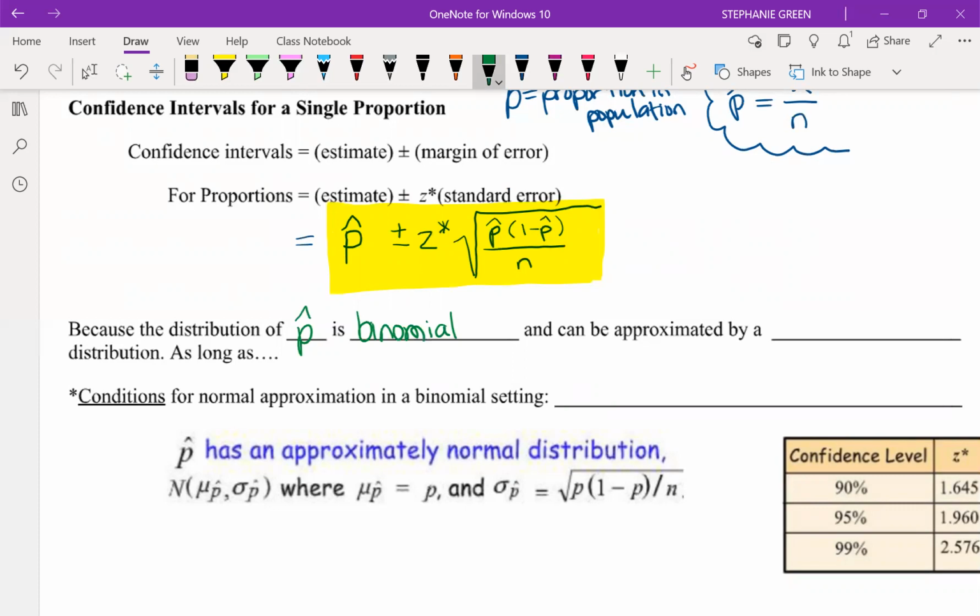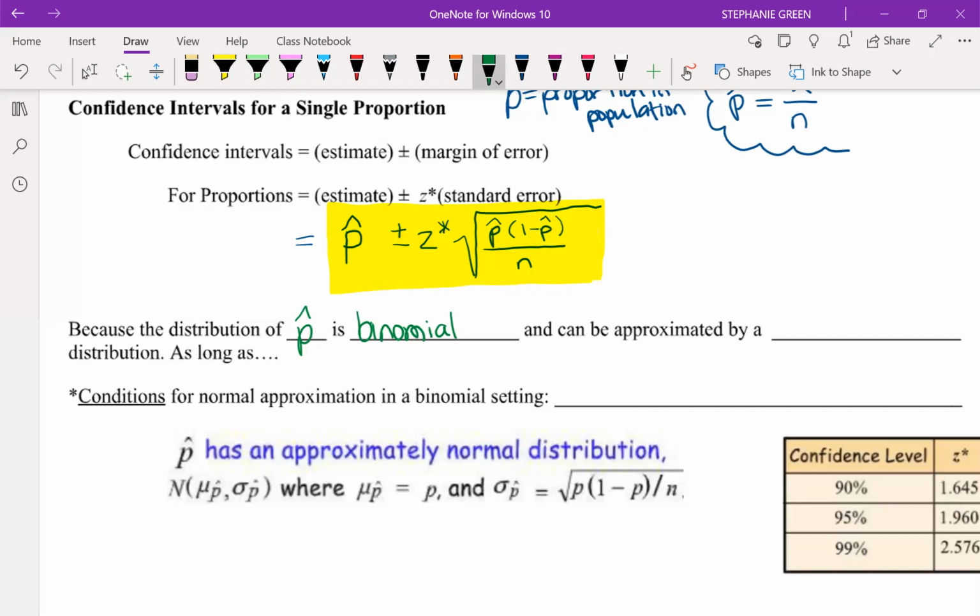So when we're looking at a proportion in a sample, we are actually looking at a binomial type setting. The only thing though with a binomial setting is that when we're taking a sample, each time that we take an item out of the population, we're going to change our population's proportion slightly. So we do have the rule that our population needs to be fairly large compared to our sample in order for it to remain independent.